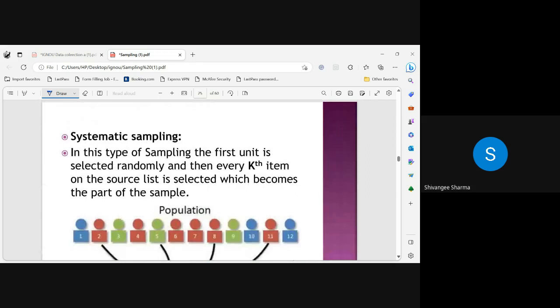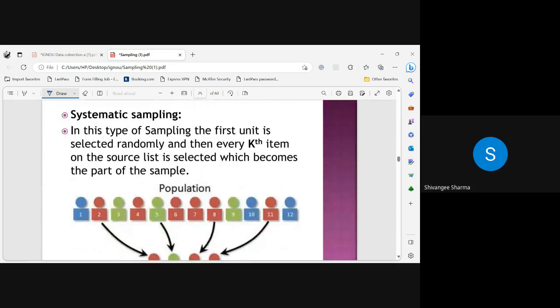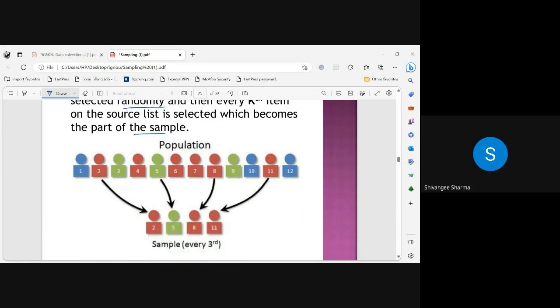The next is systematic sampling. In this type of sampling, the first unit is selected randomly, and then every kth item on the source list is selected, which becomes part of the sample. Suppose you choose the first student, then the second, and then every third person from the population: the fifth one, then the eighth, then the 11th.